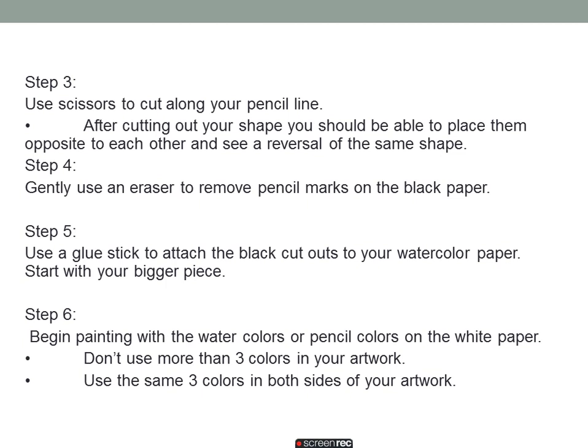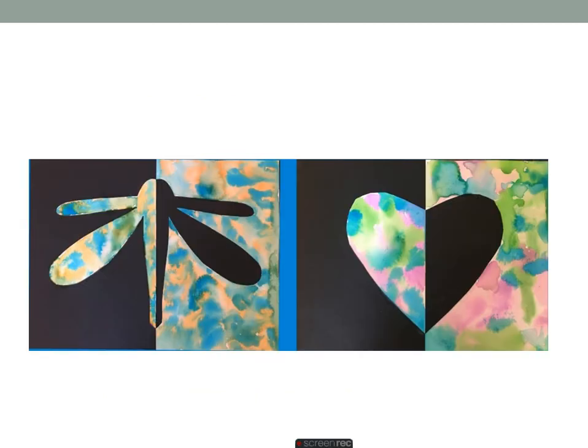Step 6, begin painting with the watercolors or pencil colors on the white paper. Don't use more than 3 colors in your artwork. Use the same 3 colors on both sides of your artwork. This is the piece that you have cut from this part, and this is your biggest part that you will glue first, and then start coloring this part and this part.